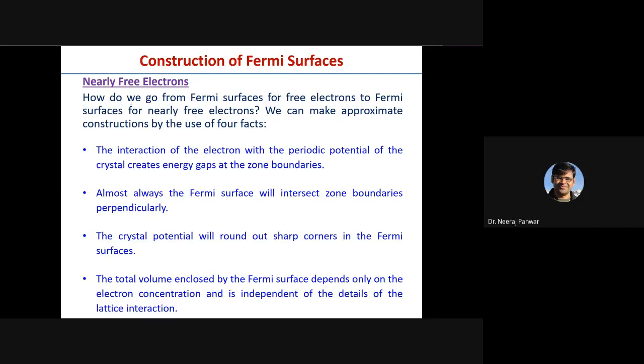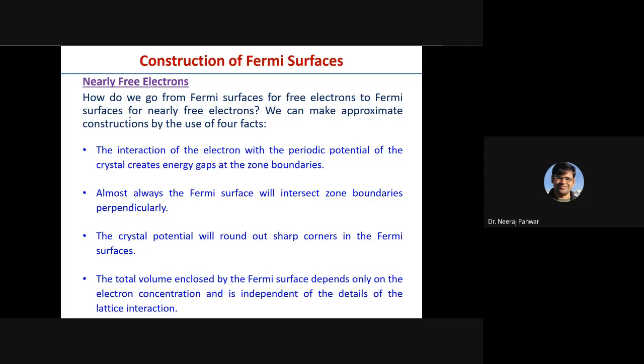Now the question arises, how do we go from the Fermi surfaces for free electrons? And remember, the Fermi surface for electrons is a circle in 2 dimensions and a sphere in 3 dimensions. Now we ask the question, how do we go from Fermi surfaces for free electrons to Fermi surfaces for the nearly free electron model, or the Fermi surfaces in the presence of weak periodic potential?